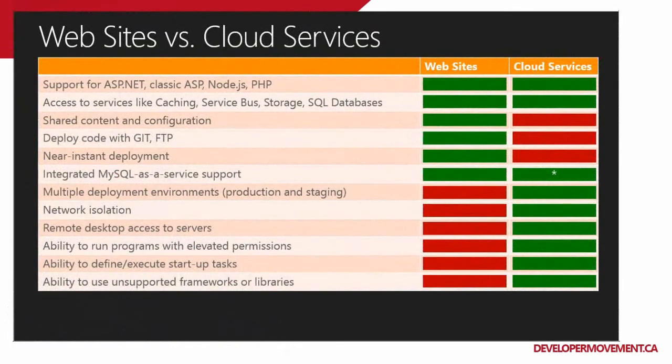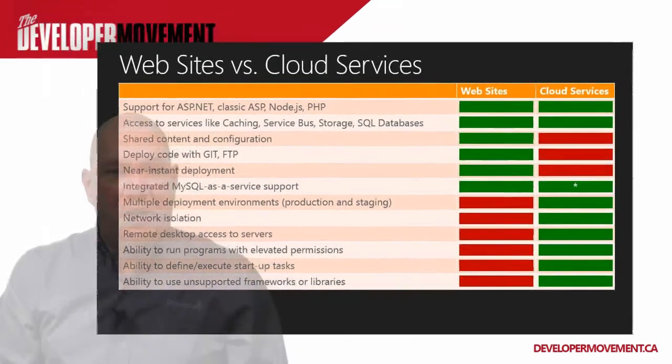So again, because websites is presented to you as a machine that already has stuff running, you don't get to deploy, hey, I've got a third-party component I want to include in my web application. You don't get to do that inside of websites if it requires a server install, okay? Whereas I do have that capability in cloud services.